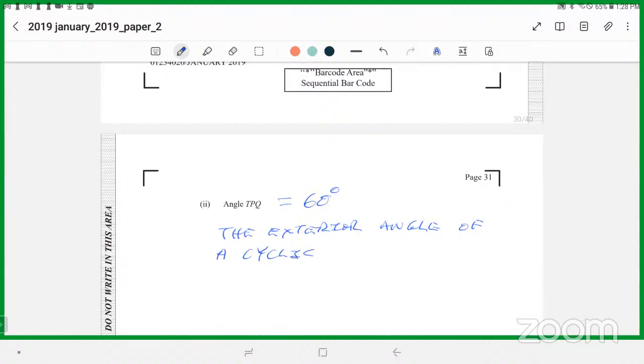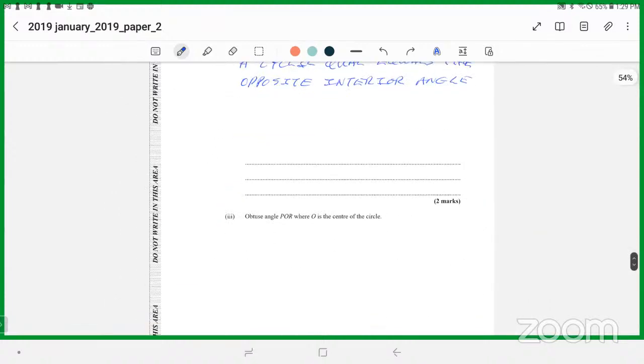I didn't give it to you before. And that's why that one is 60 degrees. The opposite interior and the exterior are equal. So I'll keep it that way. Keep it simple. Next one.